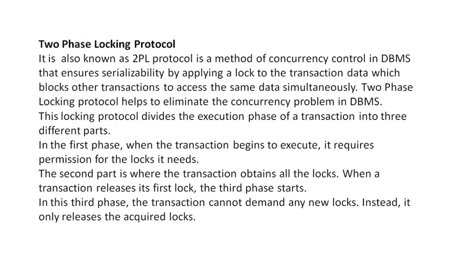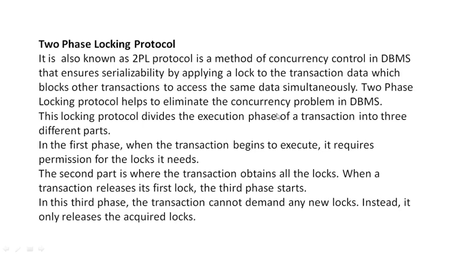And two-phase locking is known as the 2PL protocol, and in this method we can achieve the concurrency control, and it ensures the serializability by applying the lock to the transaction.